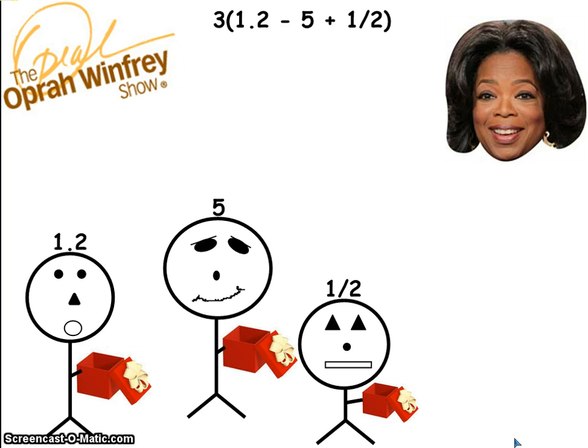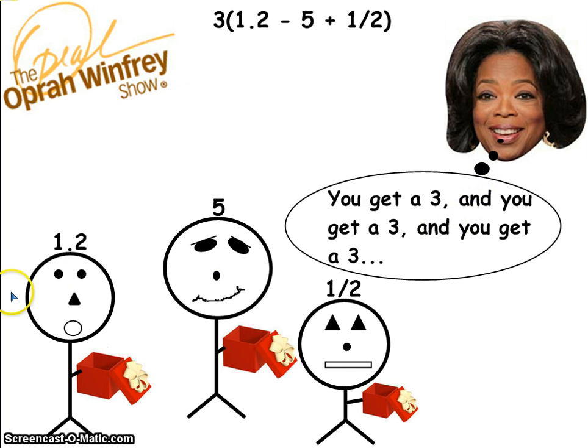Another way to remember how the distributive property works is think about Oprah. If we have this crazy problem here at the top, 3 times (1 2/10 minus 5 plus 1/2). That seems like a lot of work, but the process is still the same. One thing Oprah's known for is giving gifts out to everybody in the audience. So basically the distributive property is the exact same way. So here we have Oprah, and she says, you get a 3, you get a 3, and you get a 3.